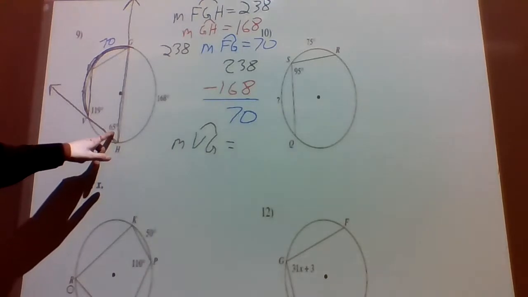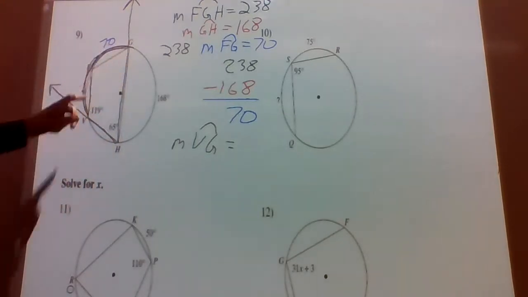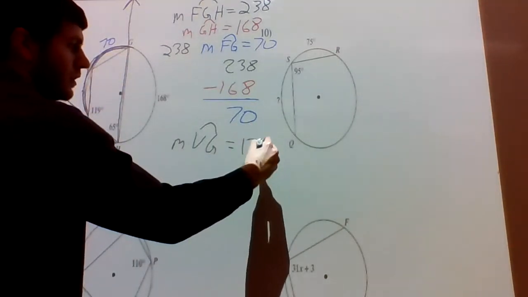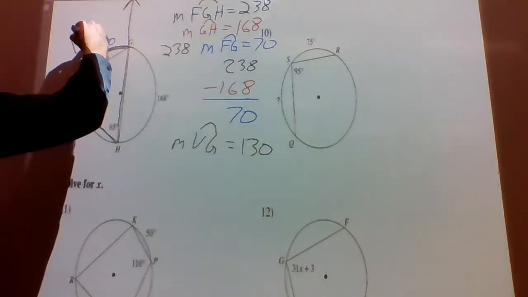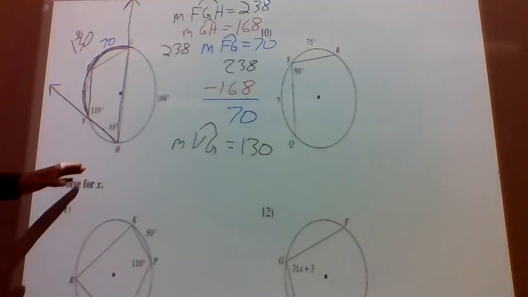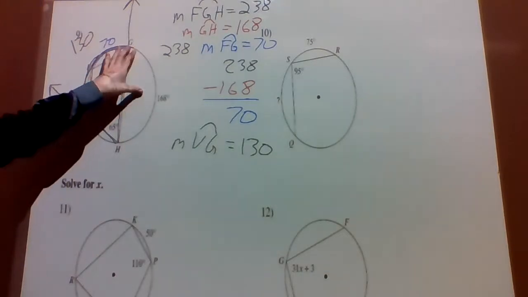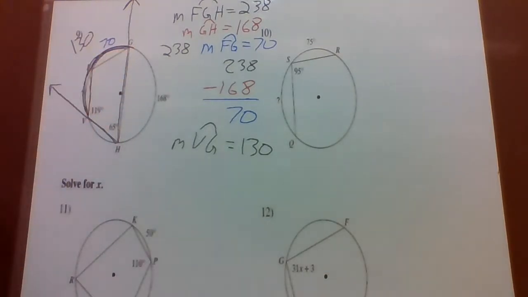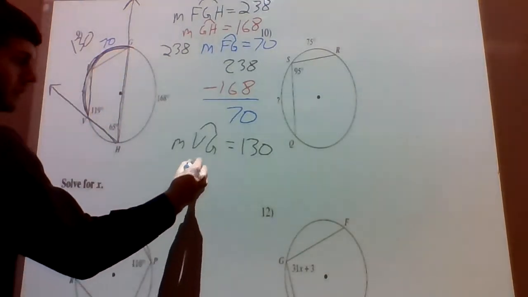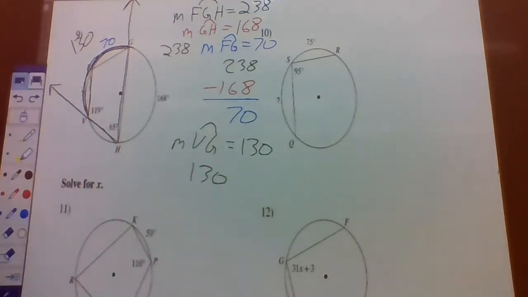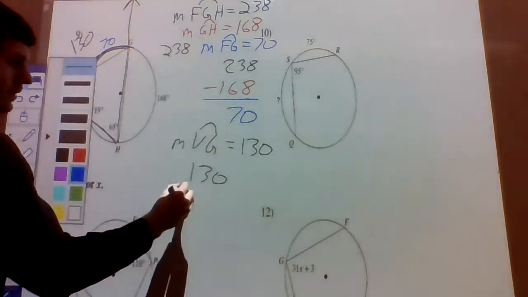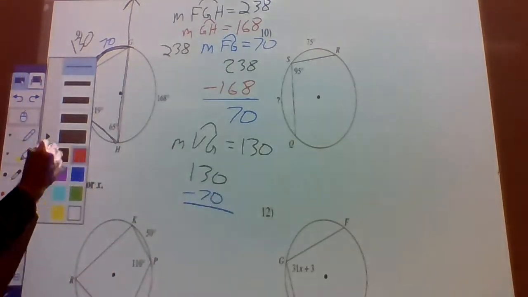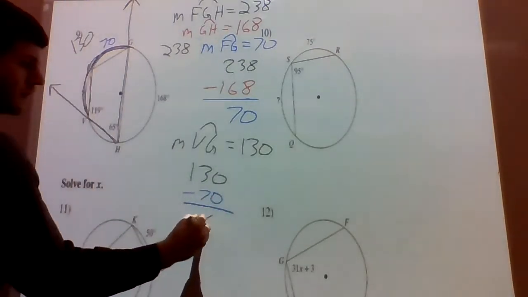The inscribed angle is 65, so the whole thing is going to be 130. We had found out from using the 119 over here that this was 70. So we can do 130 minus 70, and that's going to give us 60 degrees.